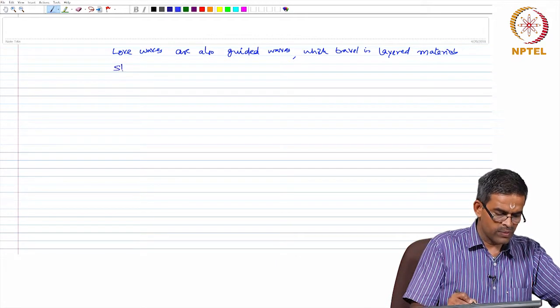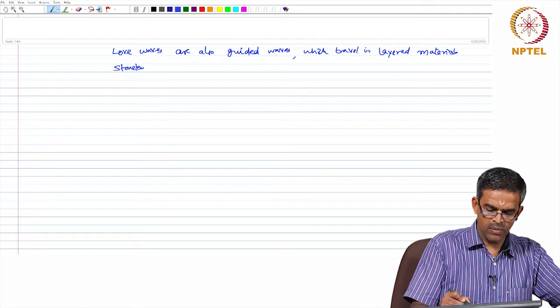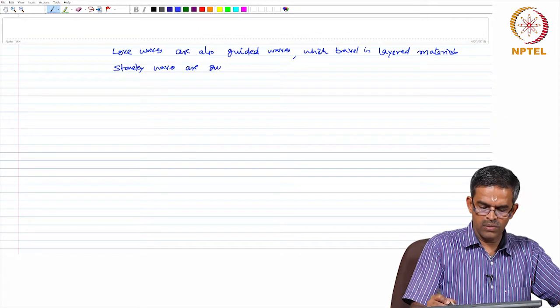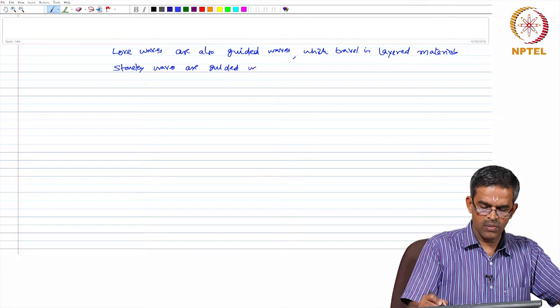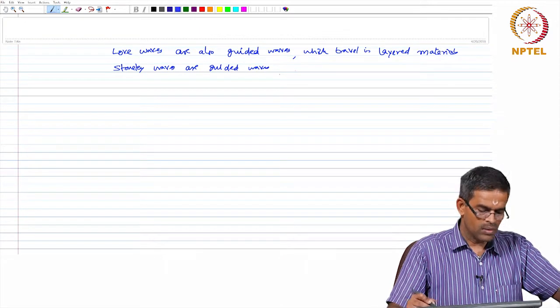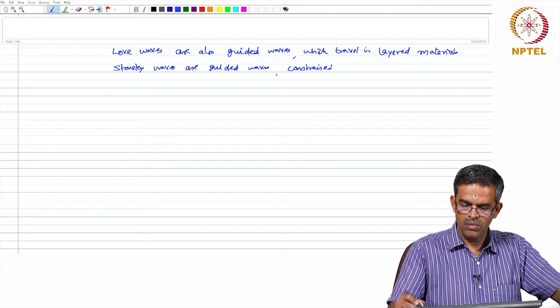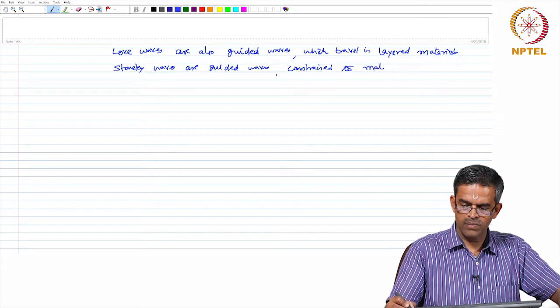Stoneley waves are guided waves constrained to material interface.